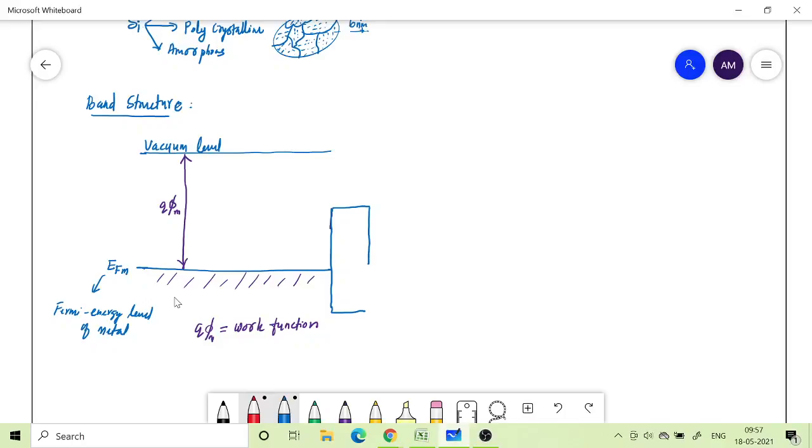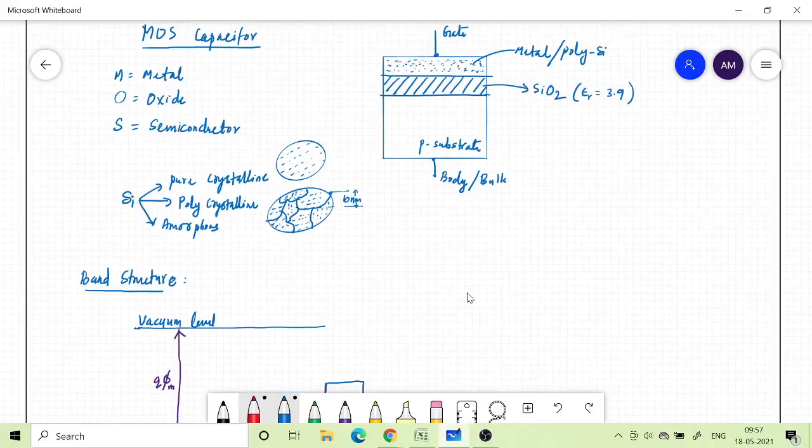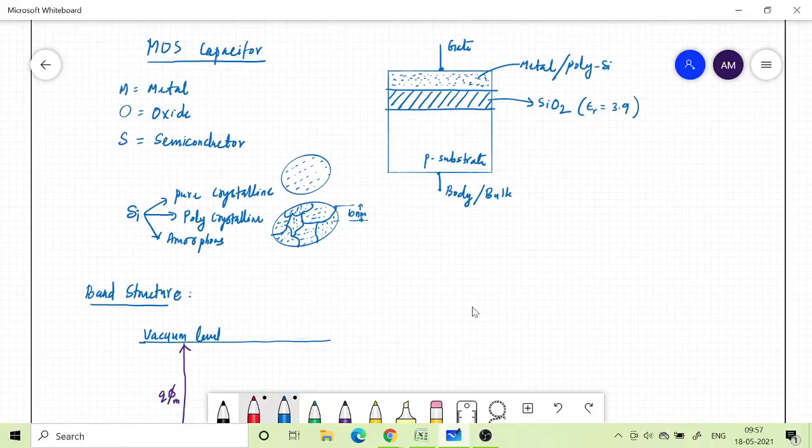So this distance is basically going from metal and then oxide and then semiconductor. What I have earlier drawn, the structure I have drawn vertically, but the energy band diagram I am drawing by keeping the device laterally.